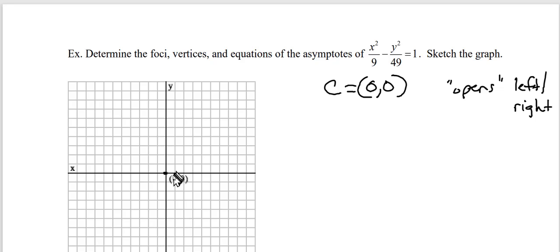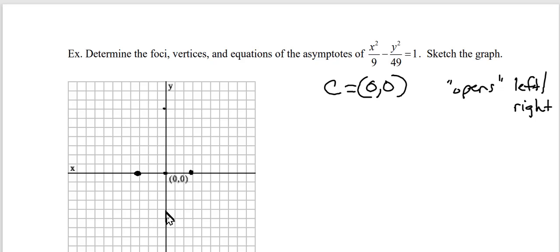I go out a distance of 3, the square root of that 9, 1, 2, 3. That's going to be a vertex, and that's going to be a vertex. I also go out a distance of 7 from the center vertically, 1, 2, 3, 4, 5, 6, 7. Here, that point's not going to be on the function, or the hyperbola. These are not functions. They don't pass the vertical line test.